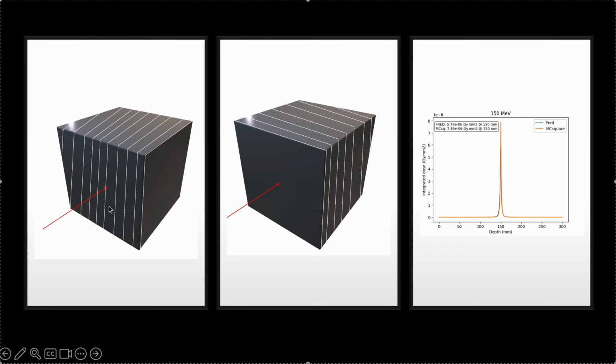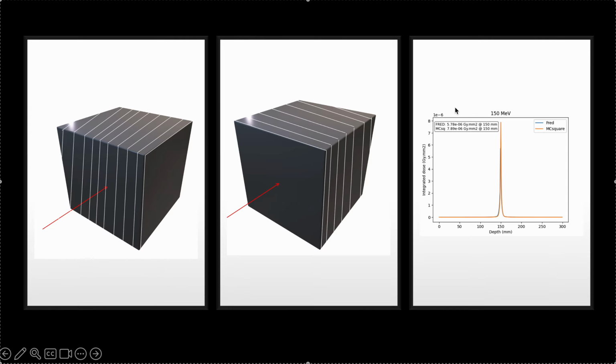For this, I sliced the phantom in the longitudinal direction, parallel to the beam. So when the proton beam is going through this direction, because the proton will travel mostly in a very straight path, of course it will scatter, but most of it will stay on a straight line. So most of the energy will be deposited in this slice, almost all of the energy.